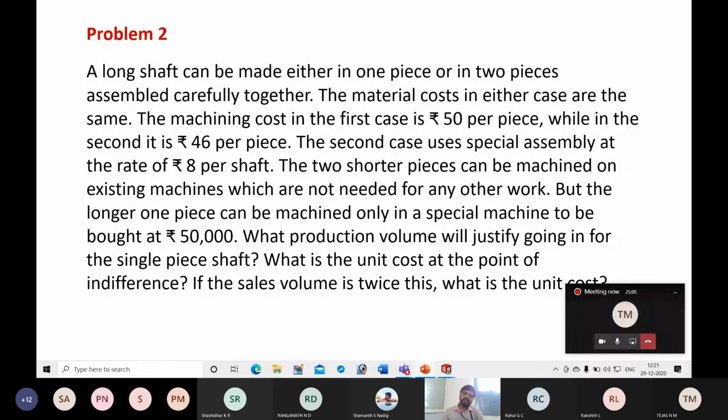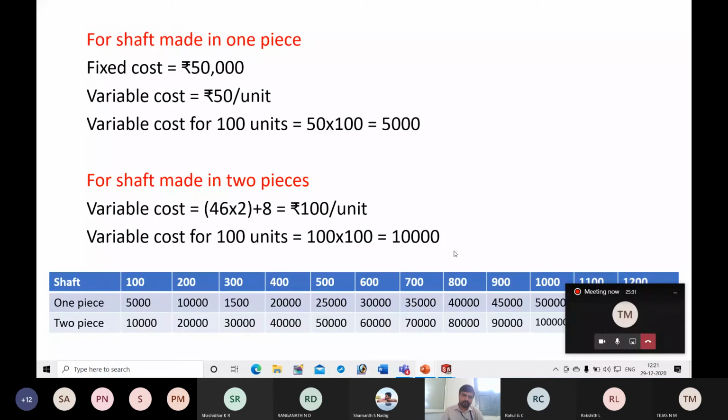It may be a choice between an automated system and a manual system, or between two machines or two manufacturing processes. Point of indifference means there is no difference: if you compare considering cost, both will incur the same cost.